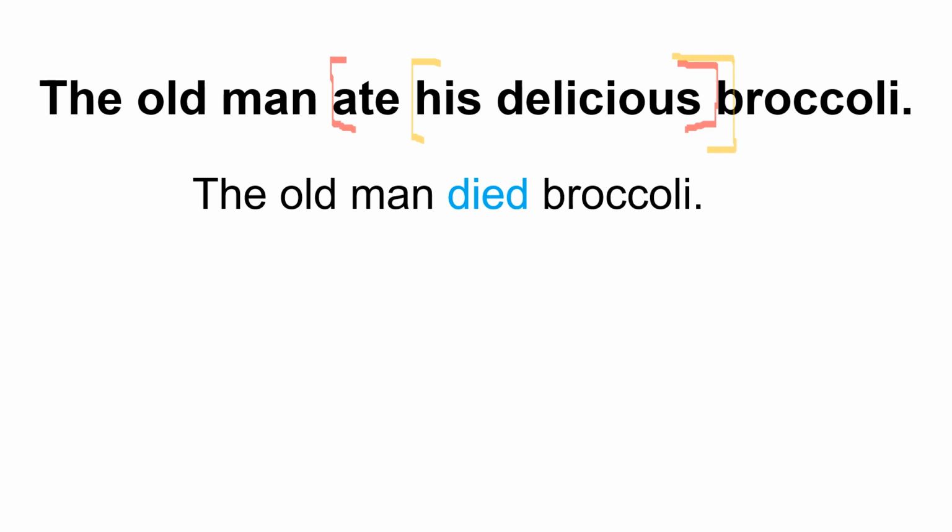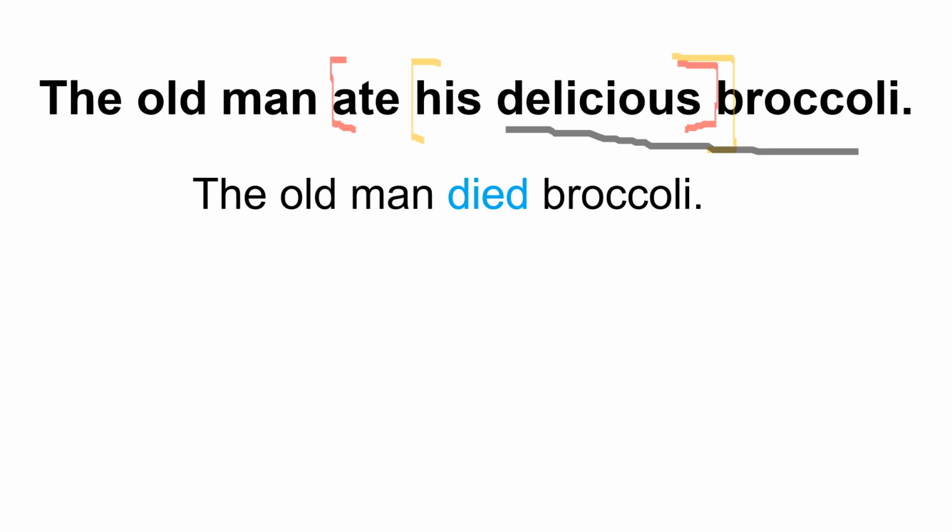So this is a weird thing because his is a determiner and delicious is an adjective phrase. But there is no phrase that joins them together necessarily. Therefore, we're not going to have his and delicious together as a unit, especially when we know that delicious and broccoli function together as a unit, which means we can also just split up his and delicious into their own thing as well, because we've already shown that delicious and broccoli have to go together.